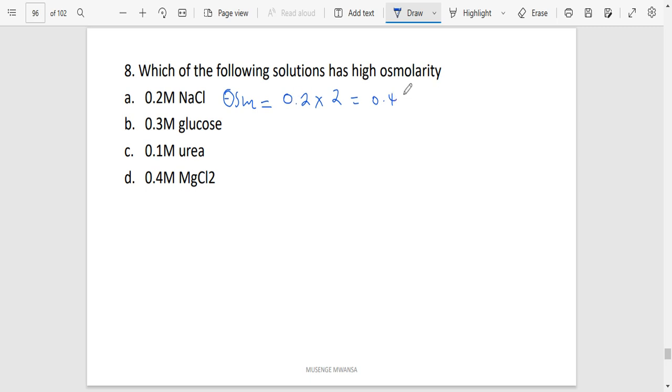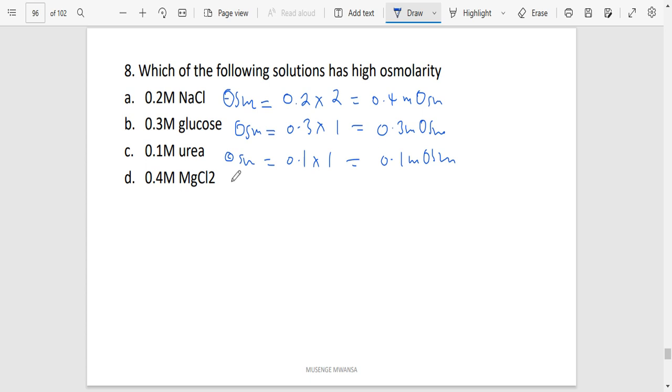Osmoles, because I've multiplied, or milliosmoles. And then for this one, the osmolar concentration, the concentration is 0.3. Glucose doesn't dissociate, so we're going to multiply by 1. This is going to be 0.3 milliosmol. And then for this one, we are going to have 0.1. Also, urea doesn't dissociate. We are going to have 0.1 milliosmol.